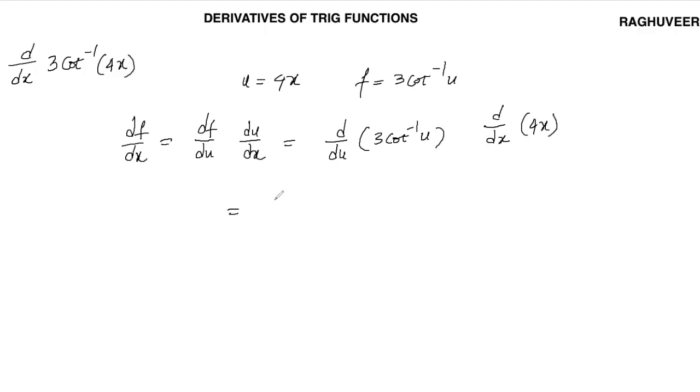So this is minus 3 by 1 plus u square, and this is 4. So finally we can write this as minus 12 by 1 plus 16 x square. This is the answer.